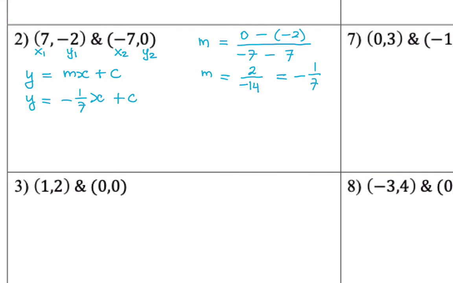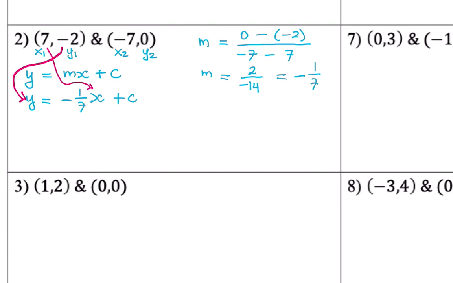In this case, I am going to choose the first point. You don't have to, you can also choose the second one. So we are going to substitute the y coordinate into the y position here, and the x coordinate into the x position in the formula.